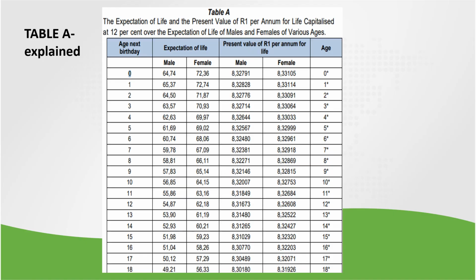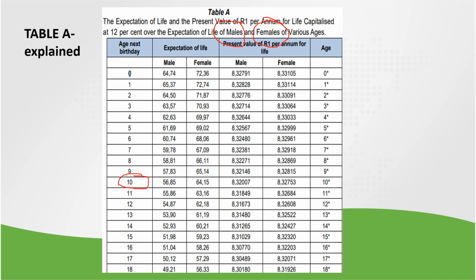If we look at Table A, I'd like to explain it a little bit more in detail. So whether the beneficiary is a male or a female must be determined, and you will look at how old the beneficiary is at the time they acquire this right to use the property or to receive an annuity.